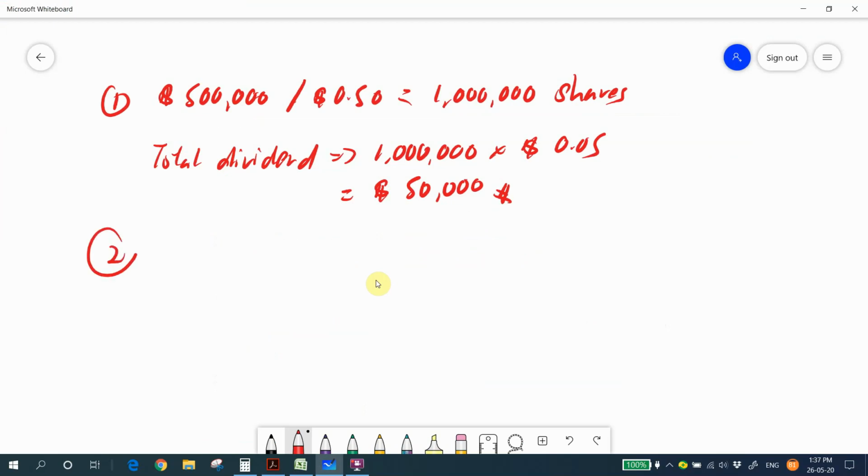So second adjustment. From the previous adjustment, we know that the company has 1 million shares, right? So the bonus issue is if you have 5 shares, I give you 2. So we divide by 5 and times 2. So answer, 400,000 shares.